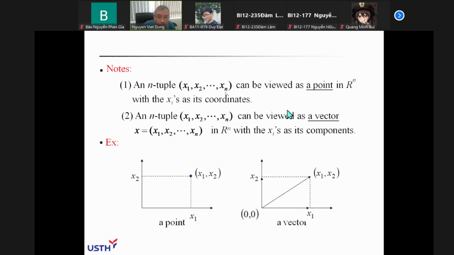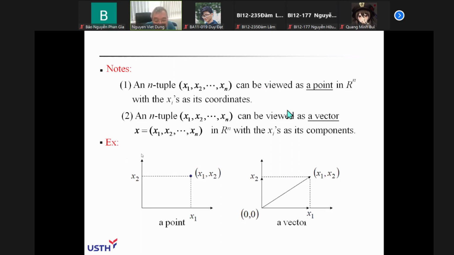The picture is here. In the case n equals 2, we have a coordinate plane, mặt phẳng tọa độ. And x1, x2 can be considered as that point. It has two coordinates. x1 is the horizontal coordinate, and x2 is the vertical coordinate.